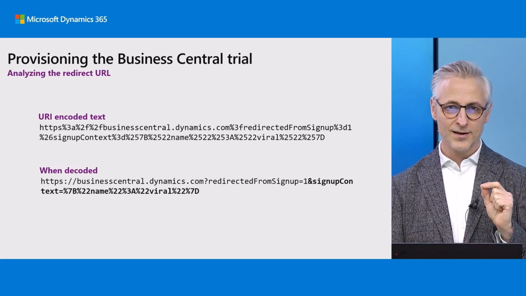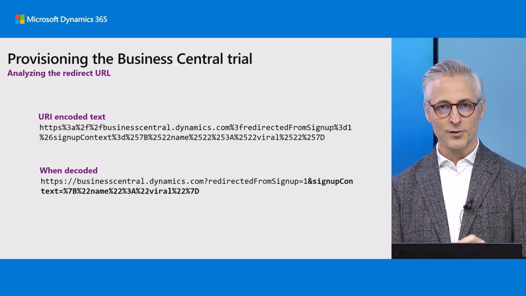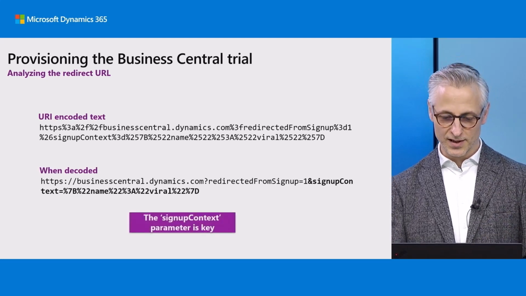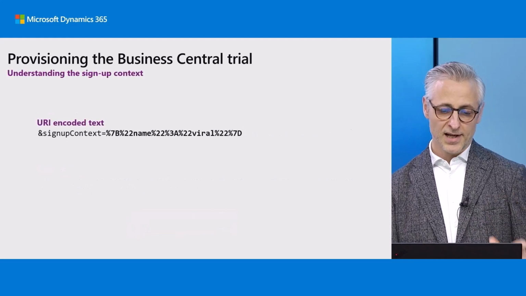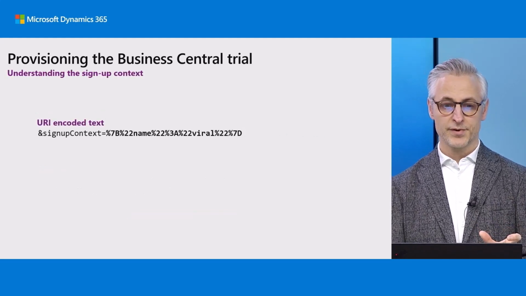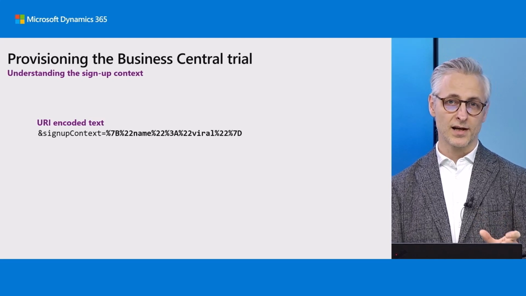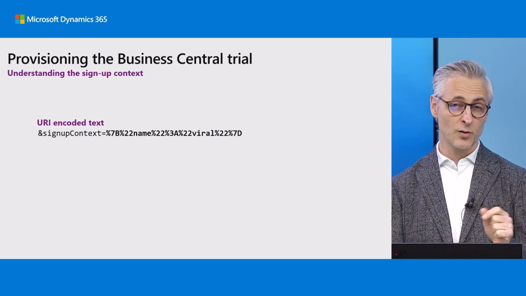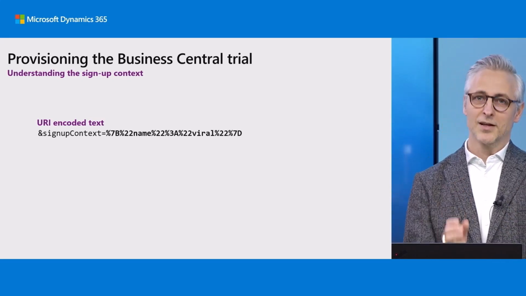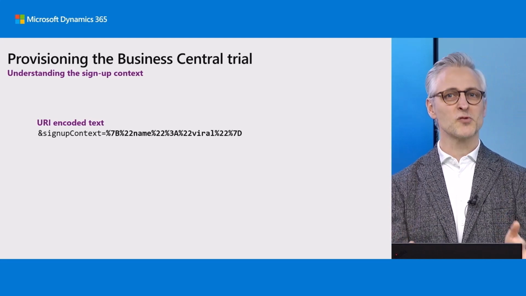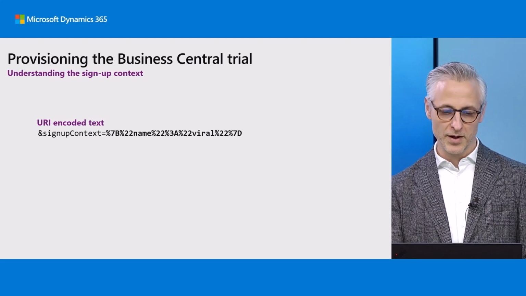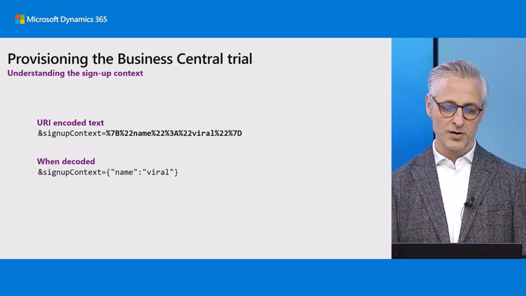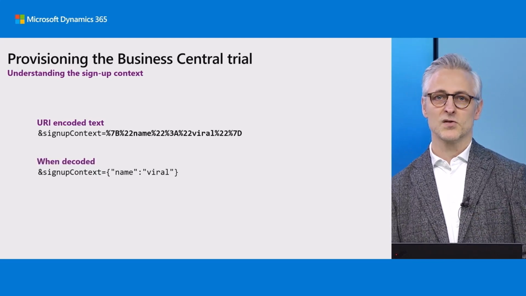Let's dive one layer further into the sign-up context, because this is key to understand. The sign-up context itself, as a parameter, is also a URI encoded text. That means it's actually double encoded when you encode the redirect URL. Don't worry about all that now. This will be in the documentation, so you can learn all about it. If we decode the sign-up context, it's much more familiar.